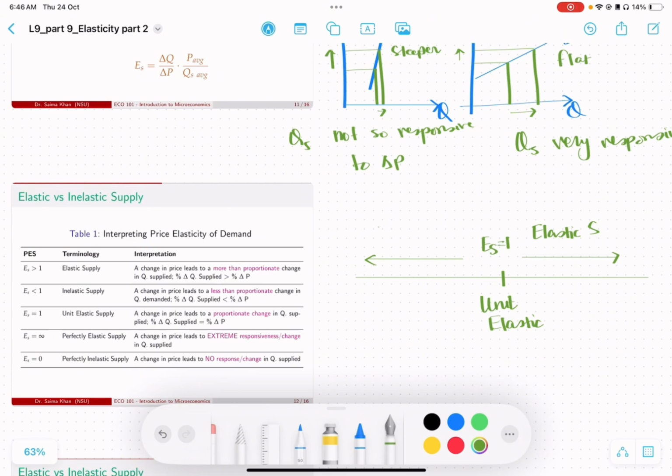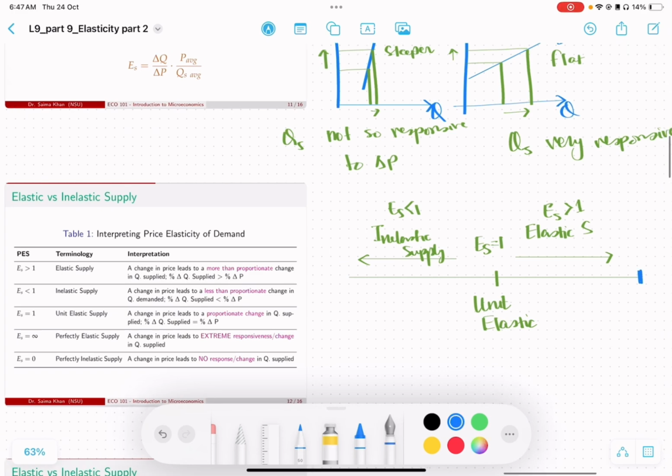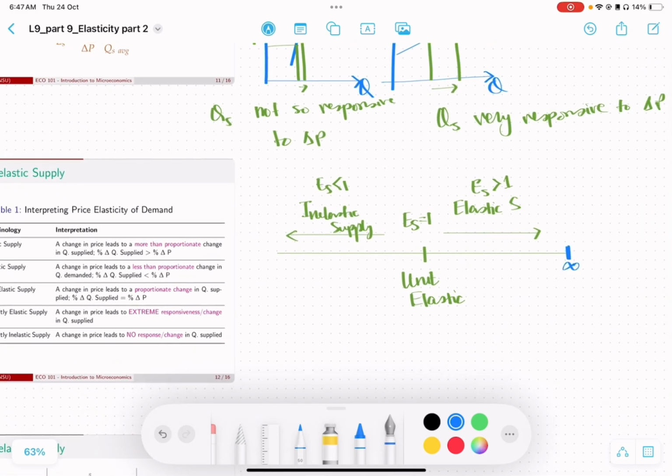When it is less than 1, you say that it is inelastic supply, right? So this is elasticity of supply less than 1, elasticity of supply more than 1. And then, of course, you've got the extremes, right? If you've got infinity, then you're saying that it is perfectly elastic supply. And if you get something like 0, then you say it is perfectly inelastic supply.